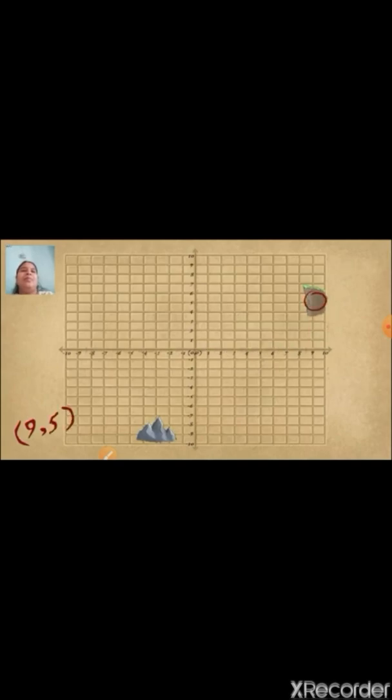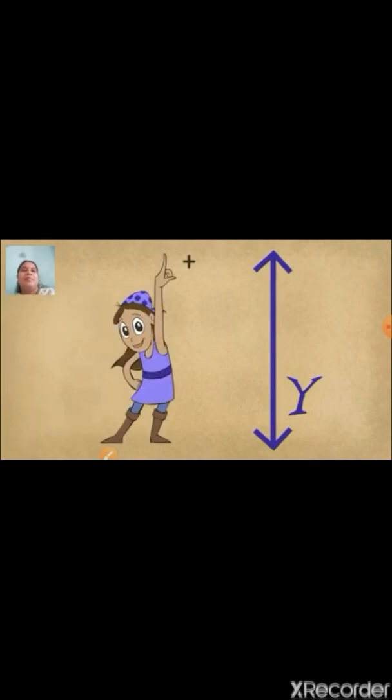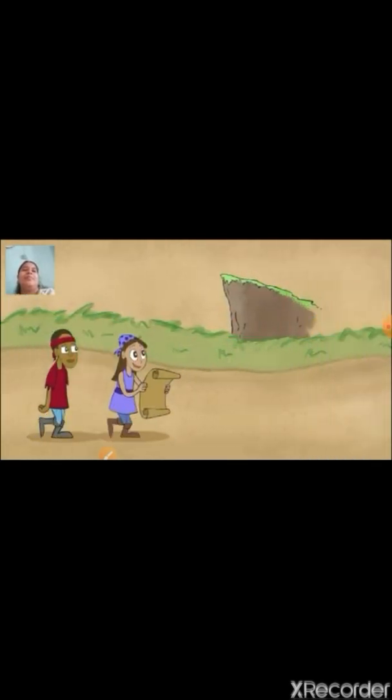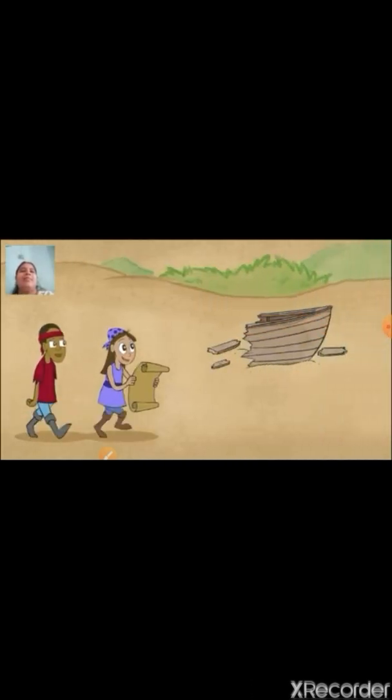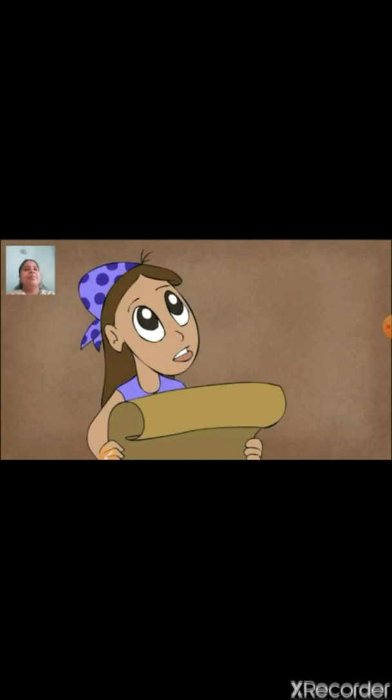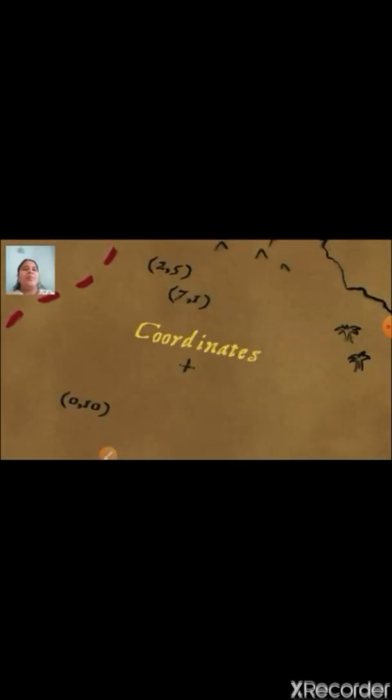You've got the X and Y values. And when you see them on a questionnaire, they can be called coordinates or an ordered pair.